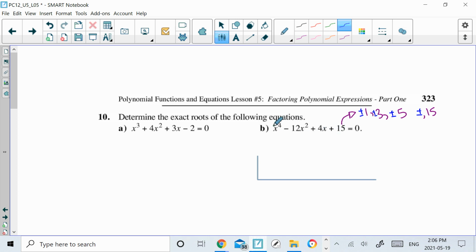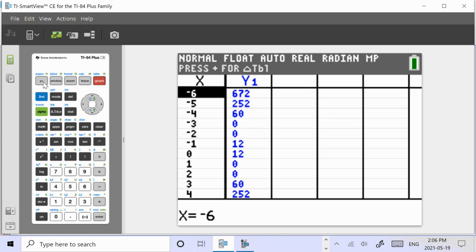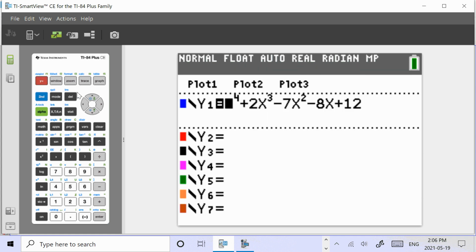All right, let's input this into our calculator in Y1. And let's actually look at what the zeros are. So go to y is equal to, and it was x to the 4, and then this was minus 12x to the 3 plus 4x. It wasn't squared.